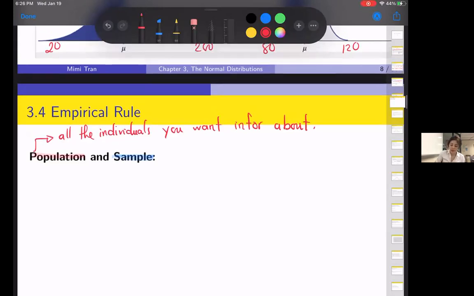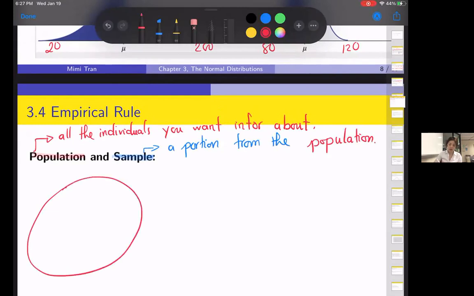Sample is a portion from the population pool. For example, if this bubble right here represents the population, the little red dot is all STAT 220 students at OU.